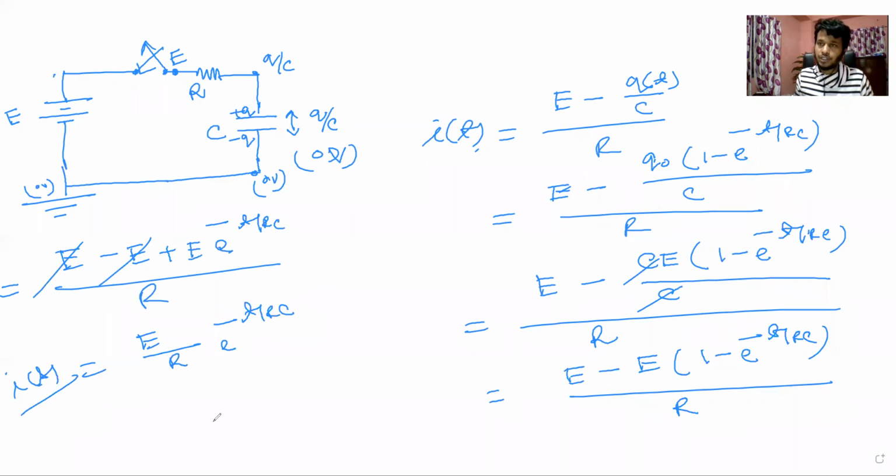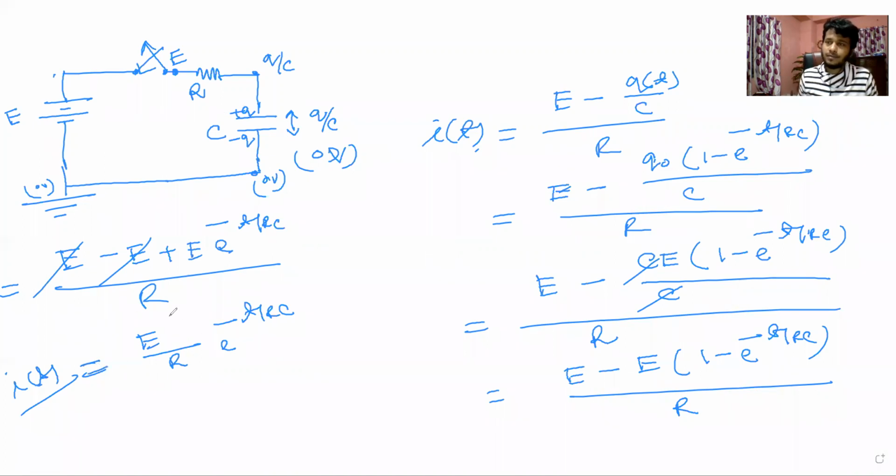So this is the equation for calculating the current through this circuit at time t, isn't it? Do you have any confusion? No, sir.